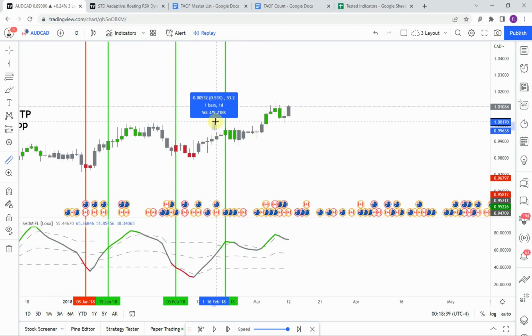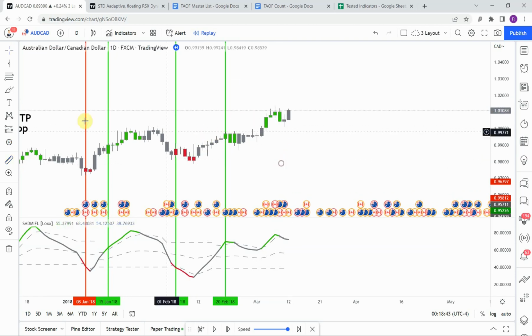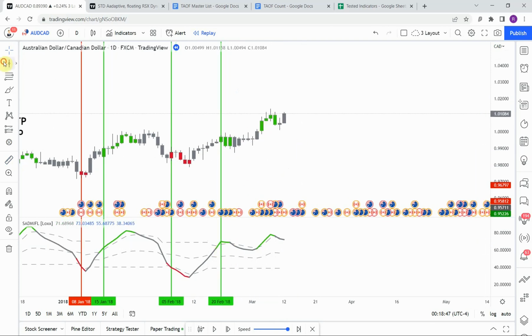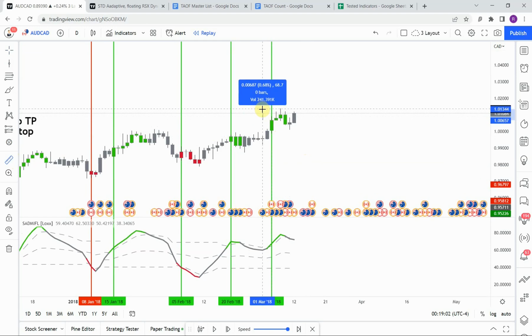Let's double check here. Yep, so it actually would have been on this candle right here that we would have closed out on that long position, which means that we would have actually picked up another signal right here, because this is the signal candle. So at the close of this candle, we would have already been exited out of this position and gotten another signal to then go long. Let's see.